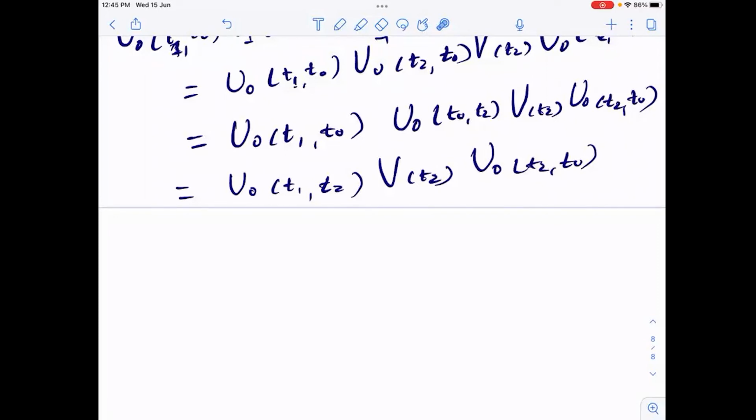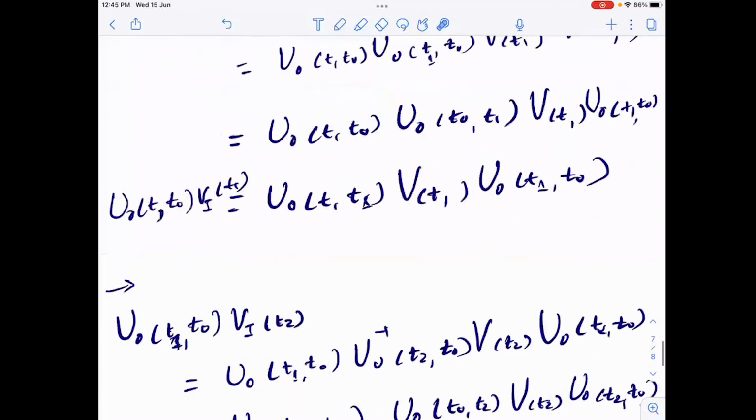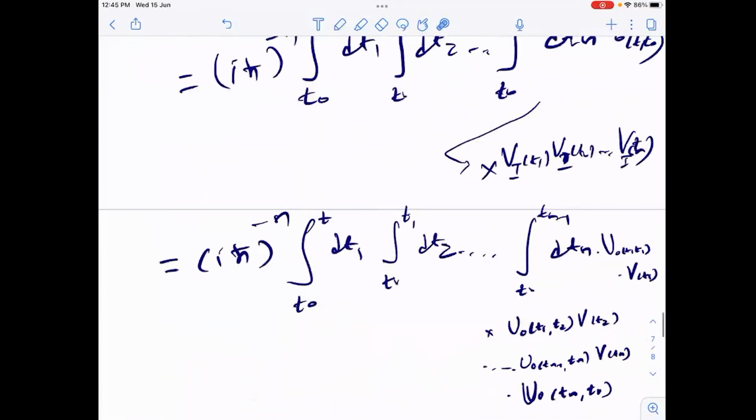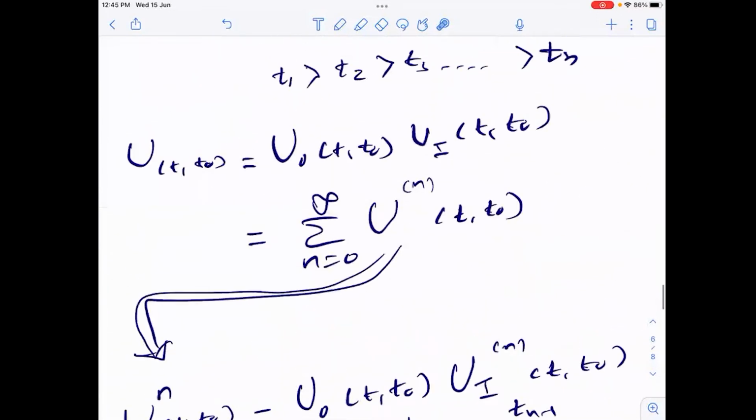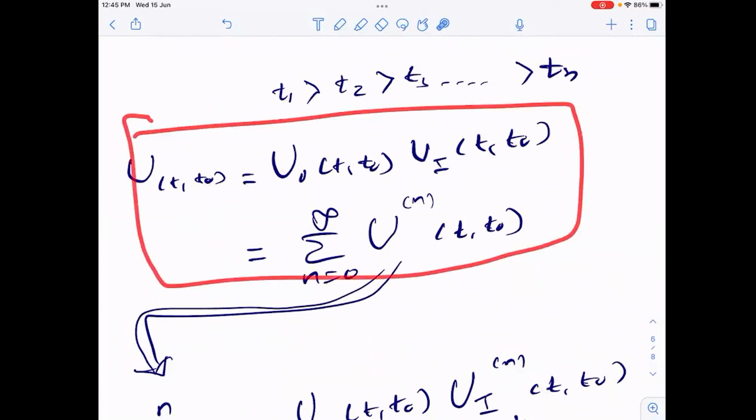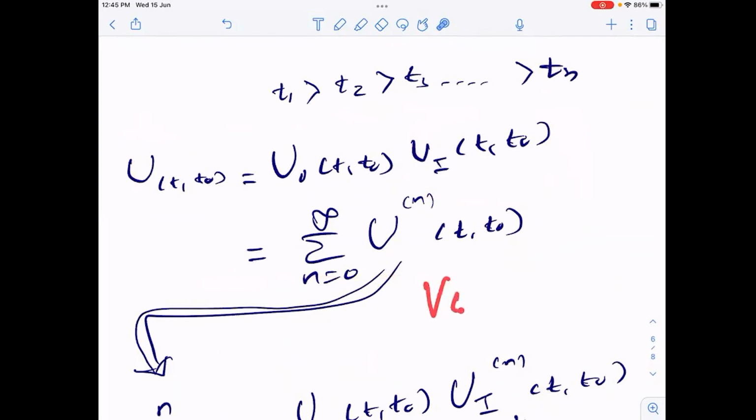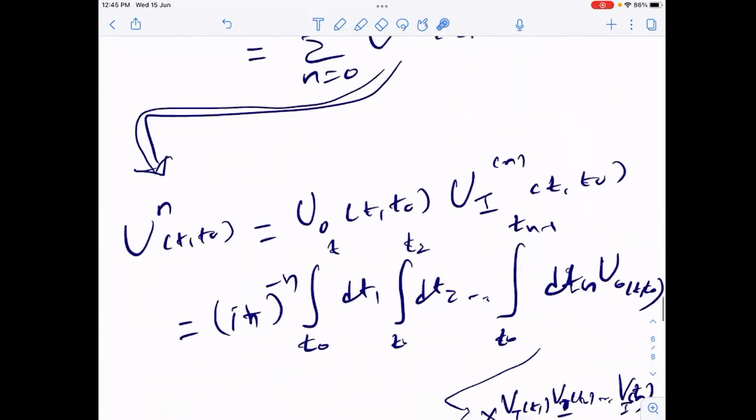So I was saying that UTT0 that we defined for the interaction picture comes into play when we are considering that our perturbation is very small, and that's why we are doing series expansion, right?